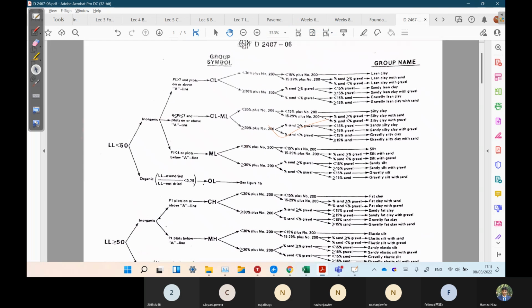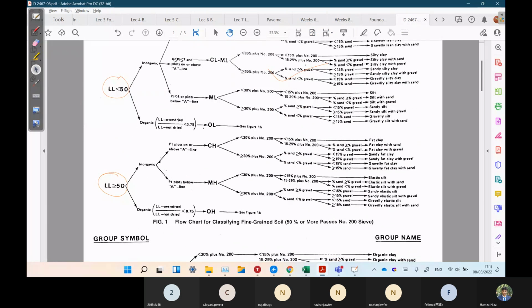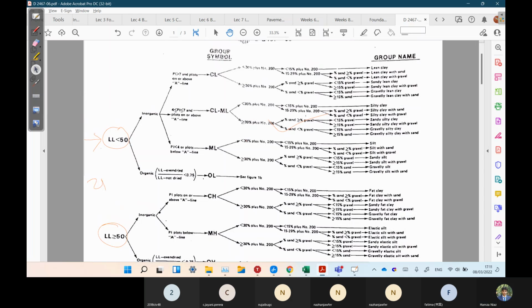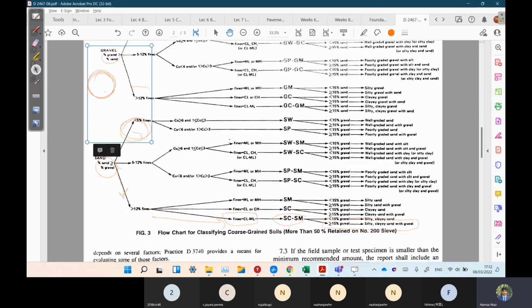So for this one, simply check the liquid limit. Our liquid limit was 21, so we'll move to the first chart. Liquid limit is less than 50. We do not have to do this in organic one, simply move towards inorganic. And now we have to check where our soil is lying in the A line chart.